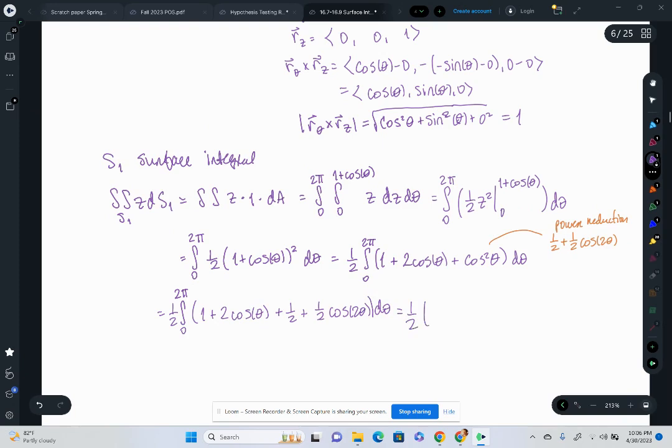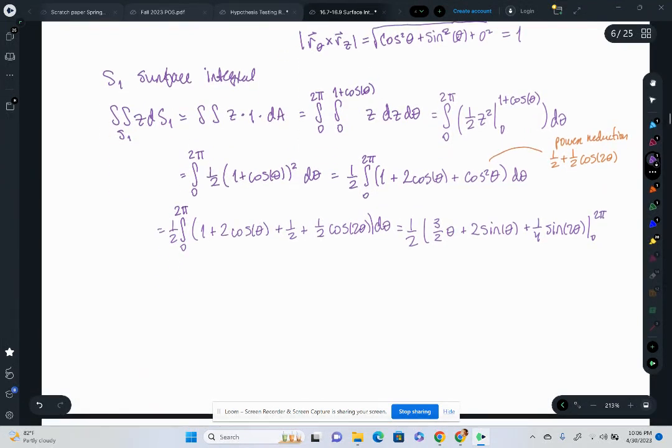The 1 plus 1/2 is 3/2, and when I integrate that, I get 3/2 theta. The 2 cosine theta, the antiderivative is 2 sine theta. The 1/2 cosine of 2 theta, the antiderivative is plus 1/4 sine of 2 theta, and we're going from 0 to 2 pi.